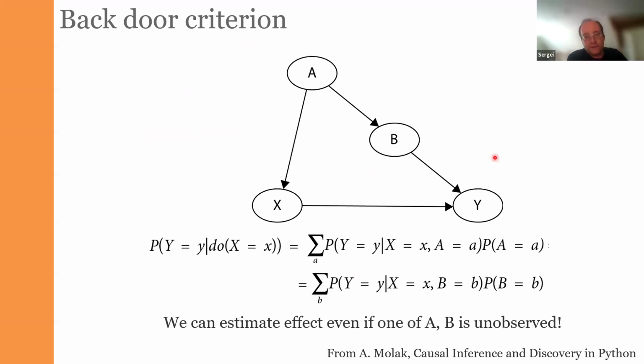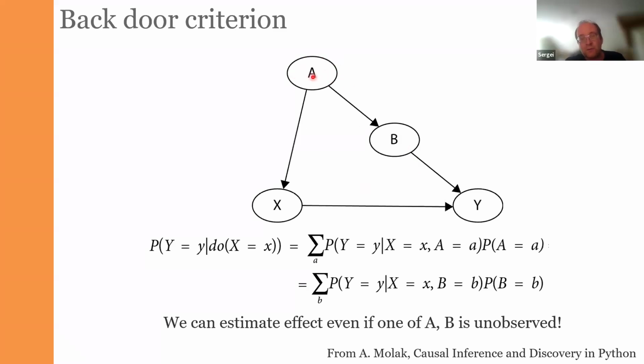So the interesting thing is that the great thing about this type of framework is that very often we can make the right decision even if the true factor is not observed. So for example, this is the causal graph where A is affecting B and X, B is affecting Y, X affects Y, but let's assume that A is not observable.